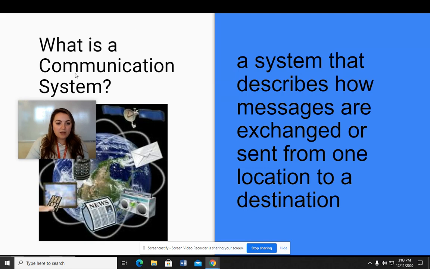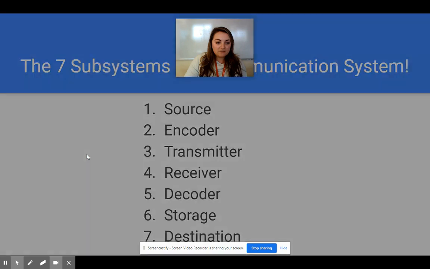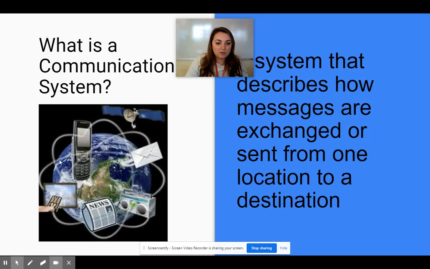Okay, and so like you can see in this picture here, we do have lots of different types of communication systems. We have a cell phone, we have letters, radio, news, TV, and satellite. And all of them have the same list of subsystems that they use in order to deliver a message from one place to another.